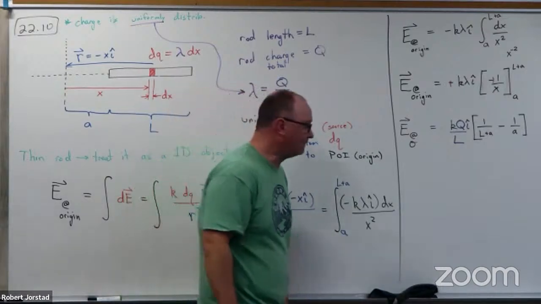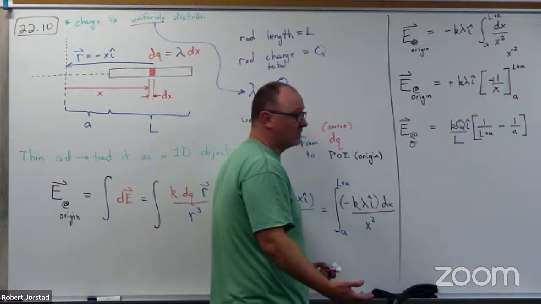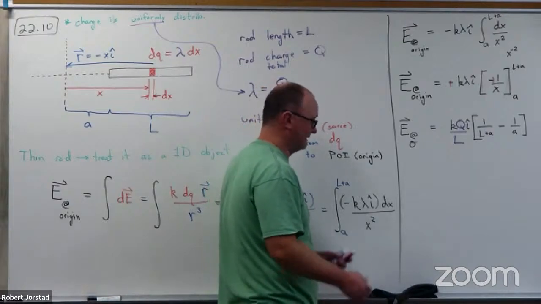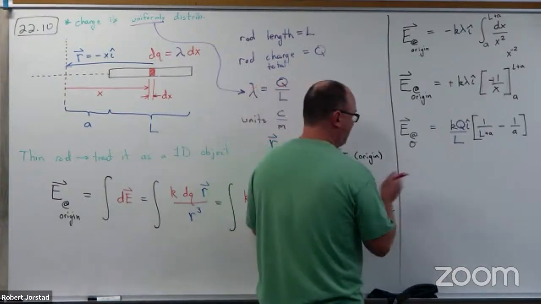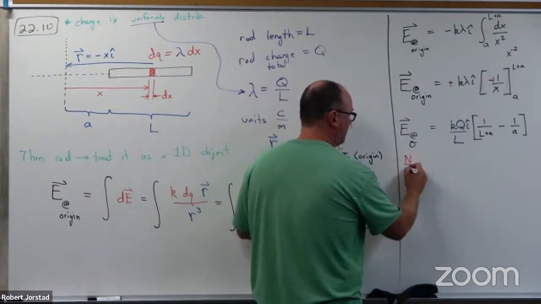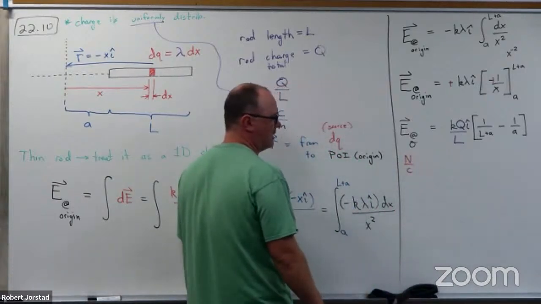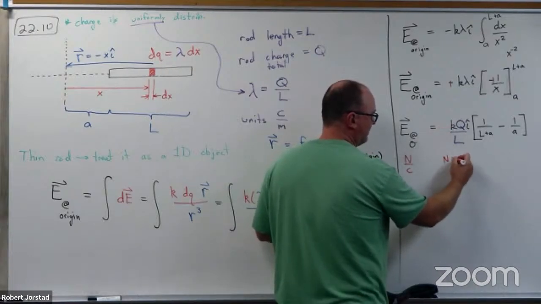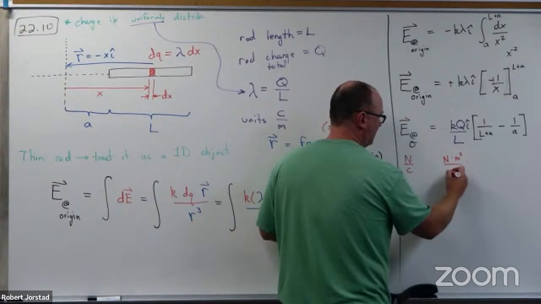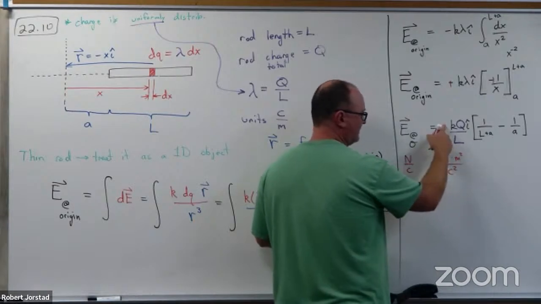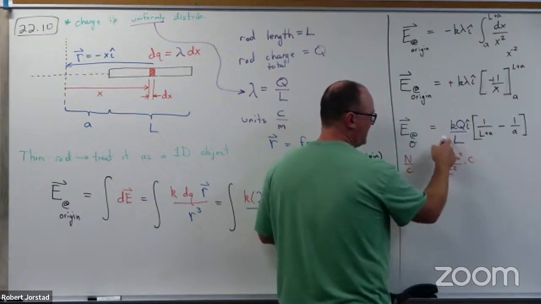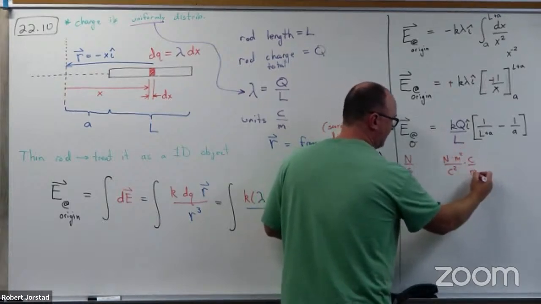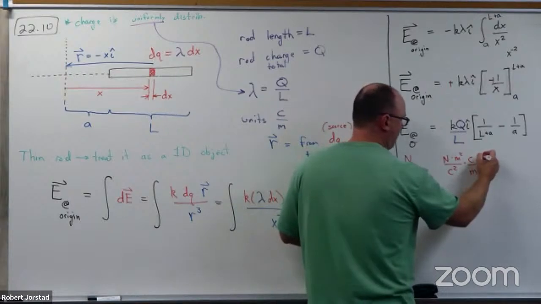All right, here we go. One thing is, we should check the units. What are the units of an electric field? Newtons per coulomb. What are the units of K? If we look that up, newtons meters squared per coulomb squared. We've got Q, that's a coulomb. L, that's a meter. And then what are the units of all this?